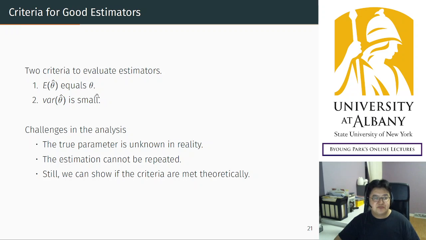And second, how can you calculate the expected value and the variance of the estimator? To calculate them, we have to have repetitions of the observations. So we have to have multiple random samples, but we don't have. So these two criteria should be studied purely theoretically.